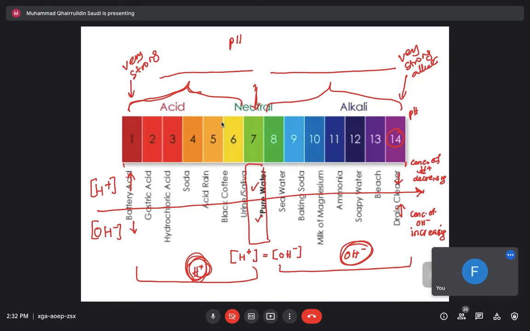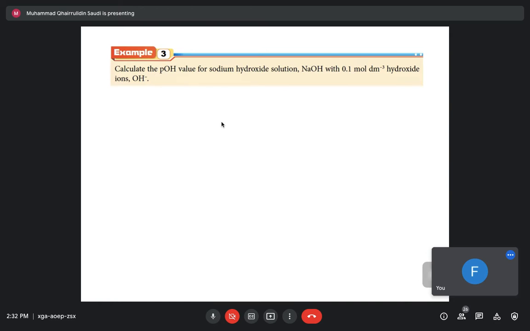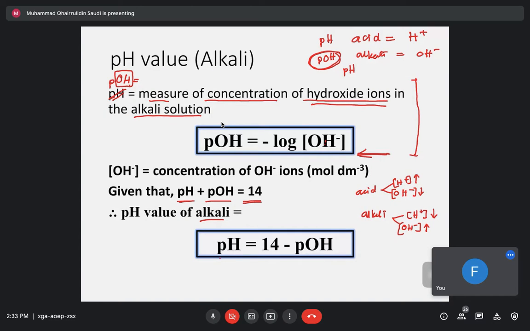Sebab pH plus pOH sama dengan 14. pH sama dengan 14 tolak pOH ataupun pH plus pOH sama dengan 14. Boleh faham tak dekat sini? Boleh, okay. Alright, good. So next kita tengok example.